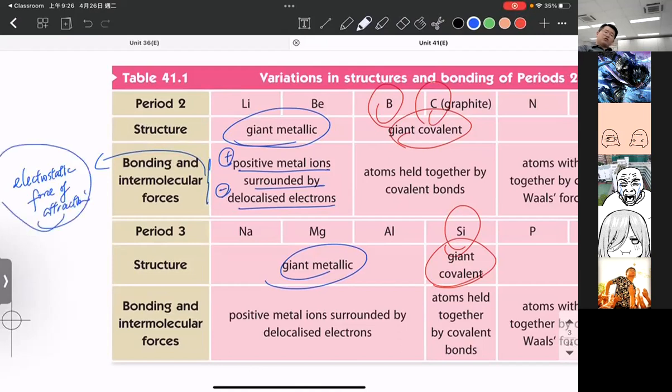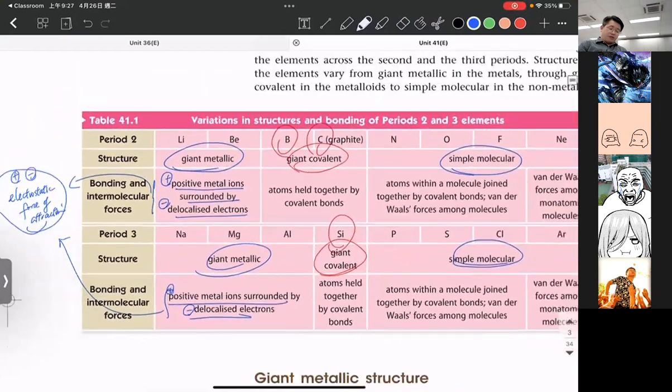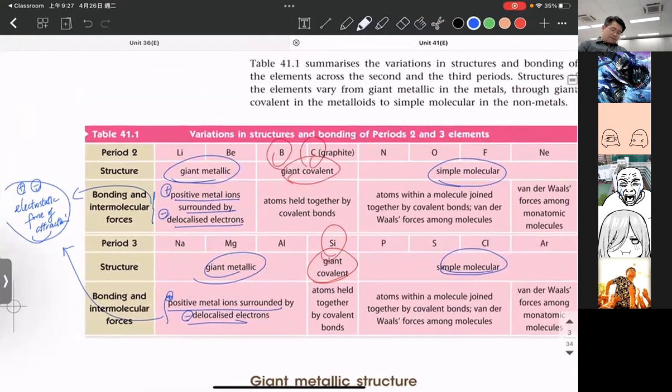Now, because of that, electrostatic must be referring to the attraction between opposite charges. So whenever you talk about bonding, please refer to what is positive and what is negative when you describe this bonding environment. Okay.